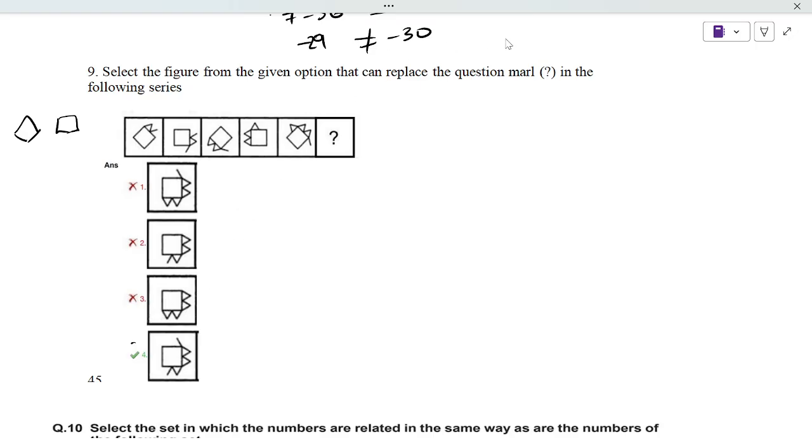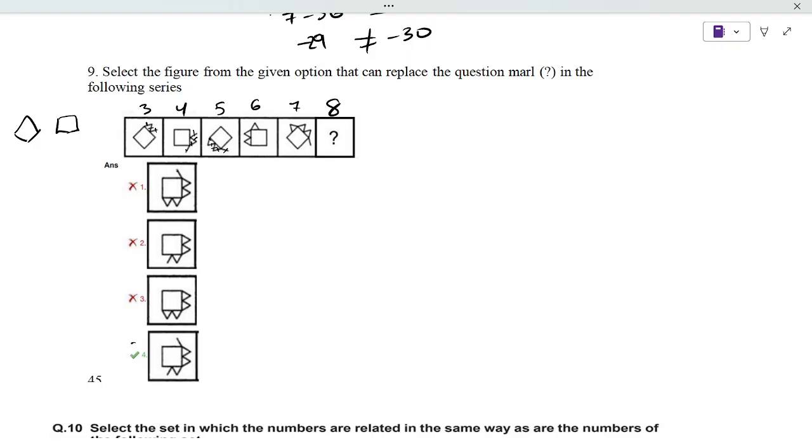Let's try counting this thing. 1 2 3, 1 2 3 and 4. So here 3 4, 1 2 3 4 5. Is it 6 here? 1 2 3 4 5. Yes. 7, 1 2 3 4 5 6 7. Yes, so we need 8 here.